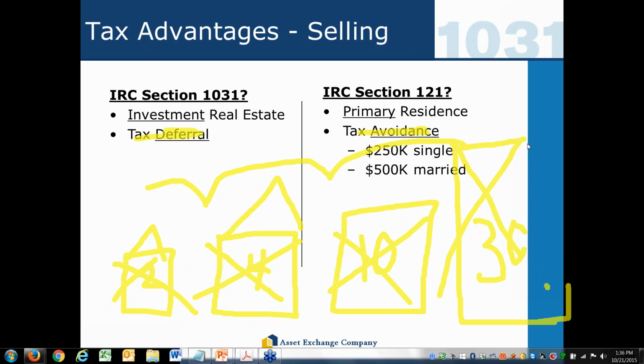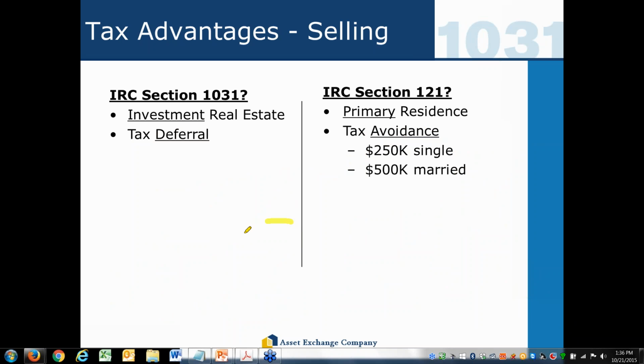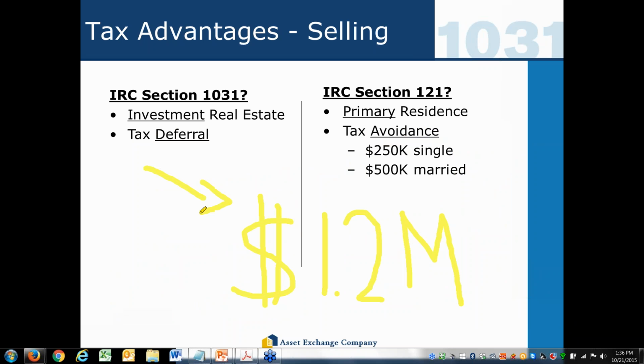Now that you've stopped exchanging, the government says, hey, wait a minute, show me the money. And in this situation, because you've been so successful, you're going to have to pay $1.2 million in taxes to the government. Ladies and gentlemen, that's a bummer.